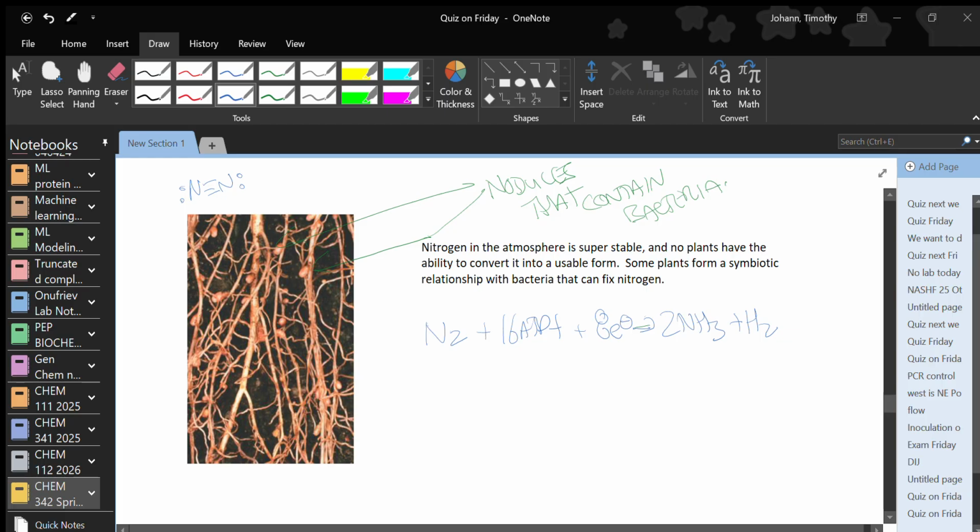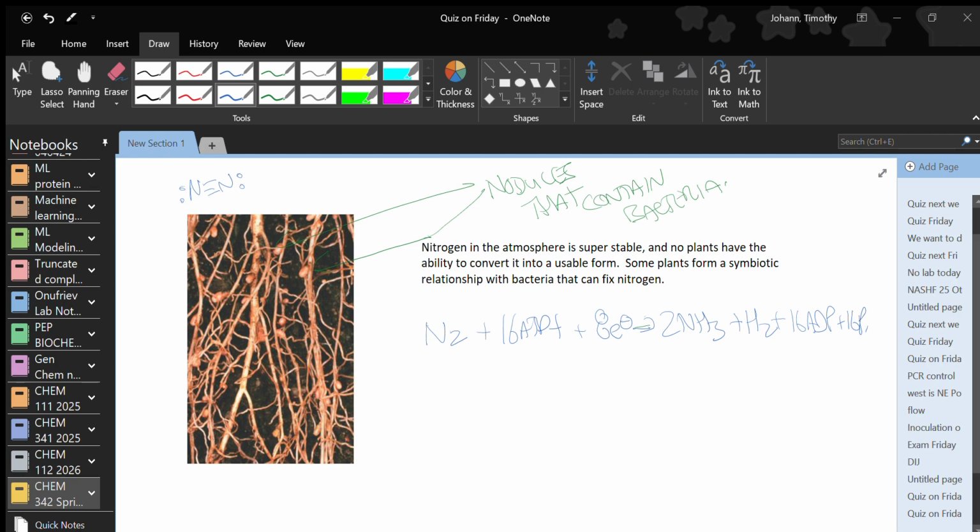So we must be getting some hydrogens from someplace else. 16 ADP plus 16 phosphate. So you can see it's pretty expensive. 16 ATP. We haven't seen 16 ATP anywhere, really, right? To take 1 nitrogen molecule and make 2 ammonias, to fix it.